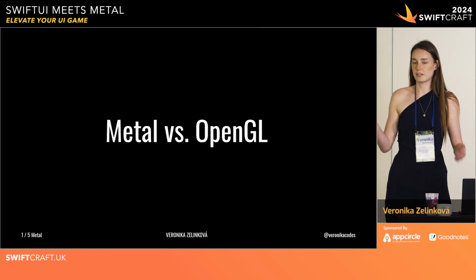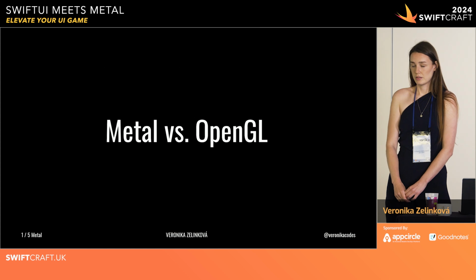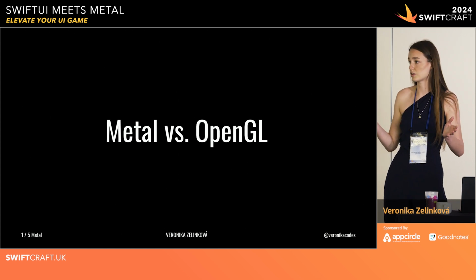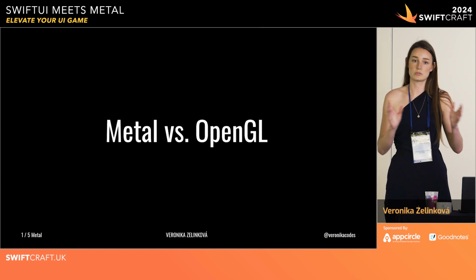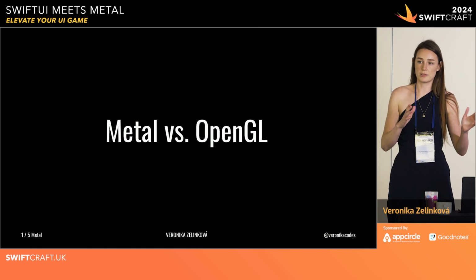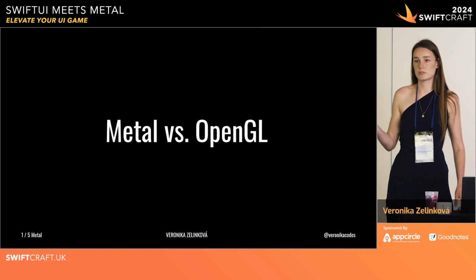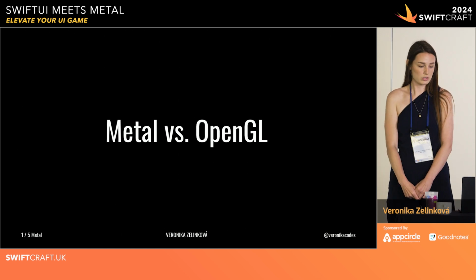And why did Apple actually create something of its own? Well, back in the day, OpenGL had many issues. For example, the OpenGL architecture was designed to work with CPU and GPU being on different chips. Because of that, when we wanted to pass data from CPU to GPU, we would have to copy the whole data, and it would take a lot of time. But Apple has the CPU and GPU on one chip, so it can just pass a reference to the data.